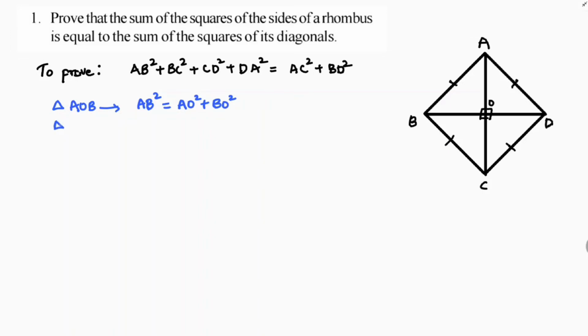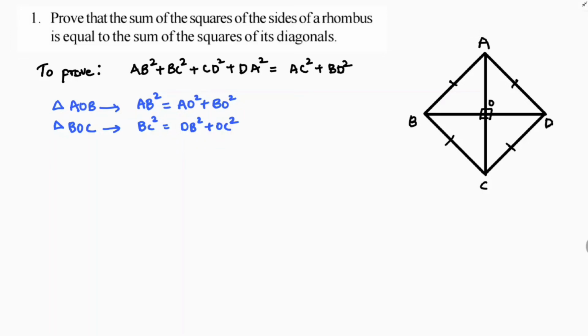In the same way, for triangle BOC, again 90 degrees is at O, so the hypotenuse is BC. So BC square equals OB square plus OC square.